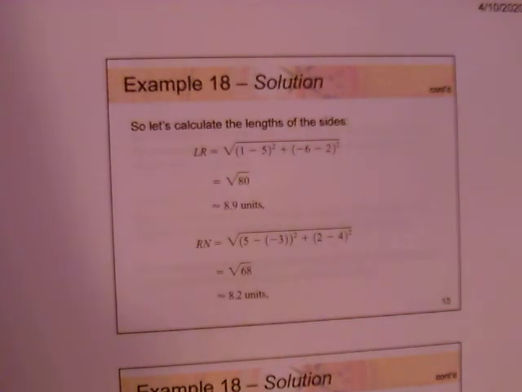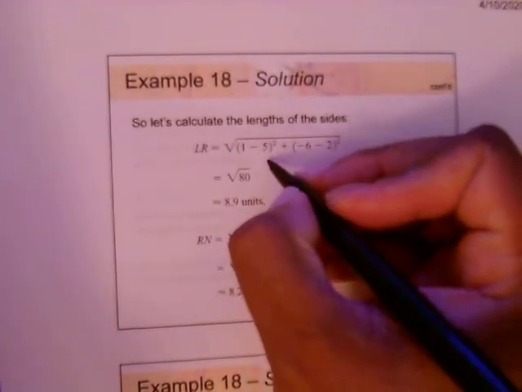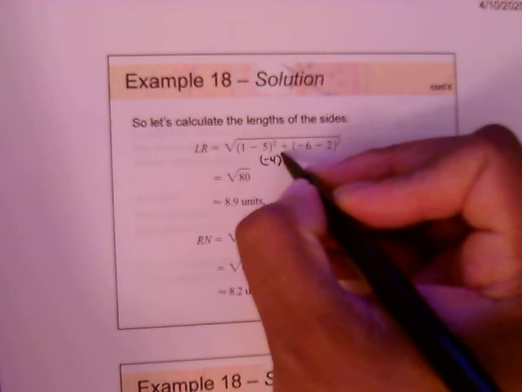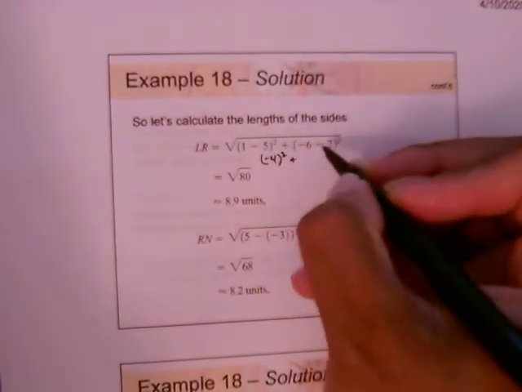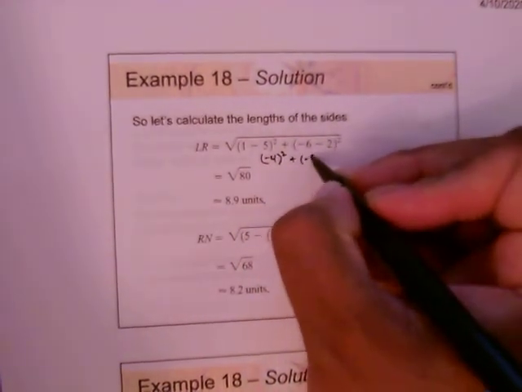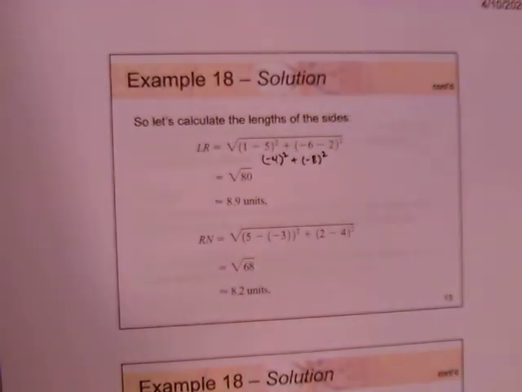Okay, now when they simplified this, they left out some steps. 1 minus 5 is negative 4, and that's squared, plus negative 6 minus 2 is negative 8, and that's squared. If you square negative 4, you get positive 16, and if you square negative 8, you'll get 64. So 64 plus 16 would be 80.